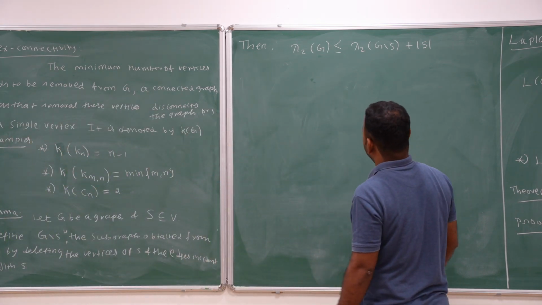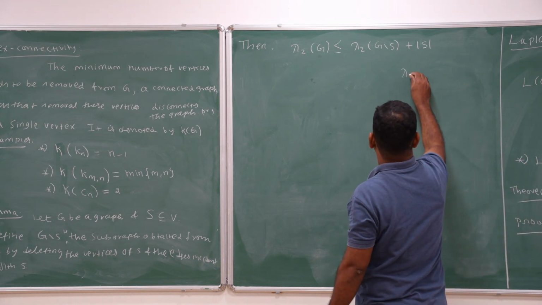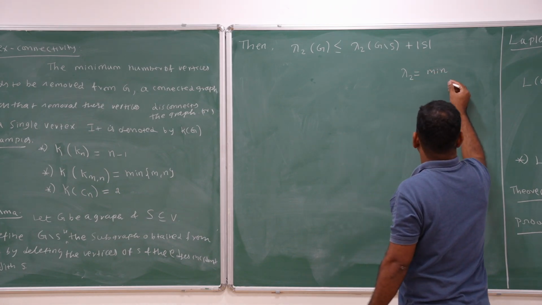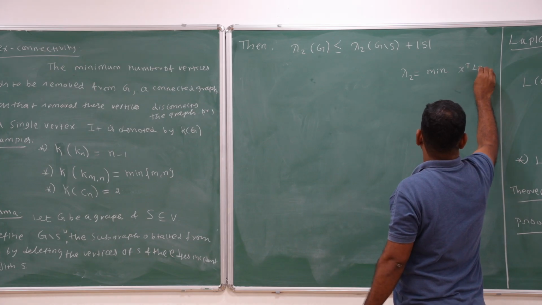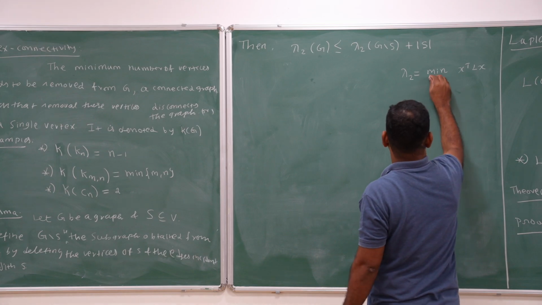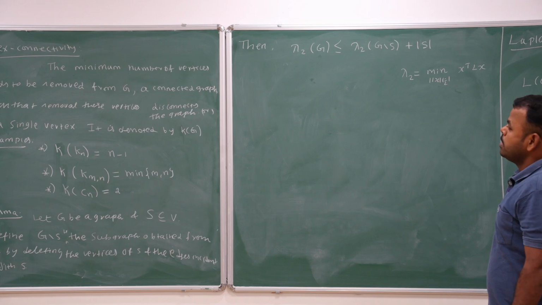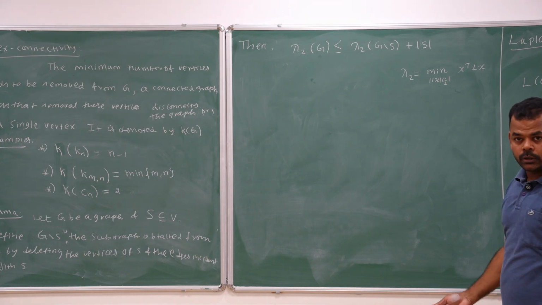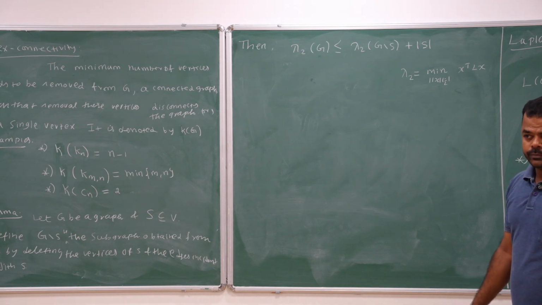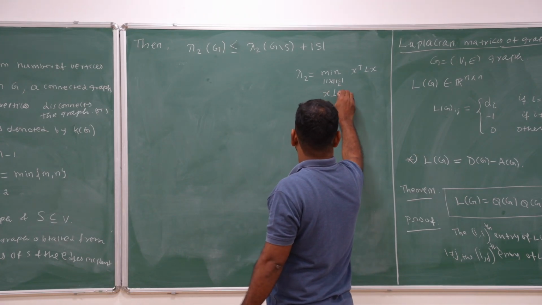Maybe I will recall something about the variational characterizations. For lambda 2 you have a nice formula. This is the minimum over x of x transpose Lx, normalized with the 2-norm of x equal to 1, and x should be orthogonal to the eigenspace corresponding to the eigenvalue 0, that is, orthogonal to the all ones vector.